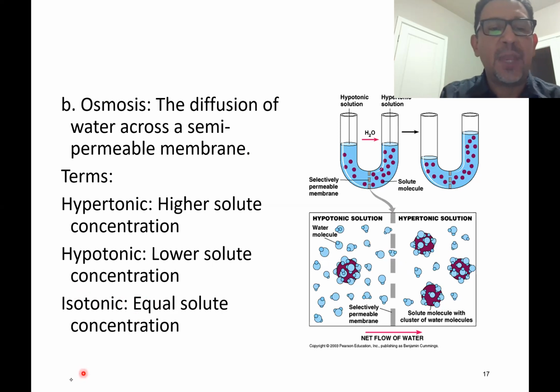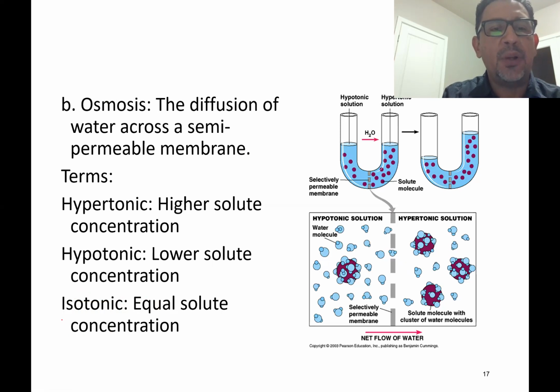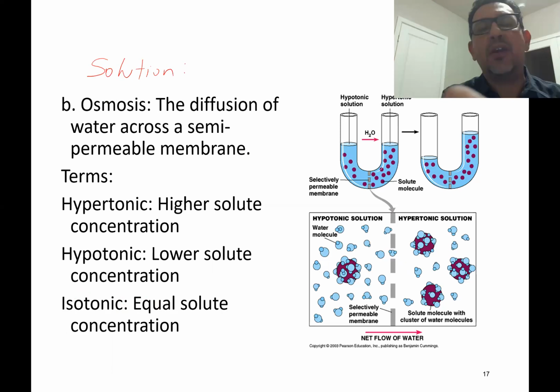And so maybe one of the things that will be helpful to you at this point is if we can recognize what the components of a solution are. So a solution is always going to be the homogeneous mixture of solute and solvent.